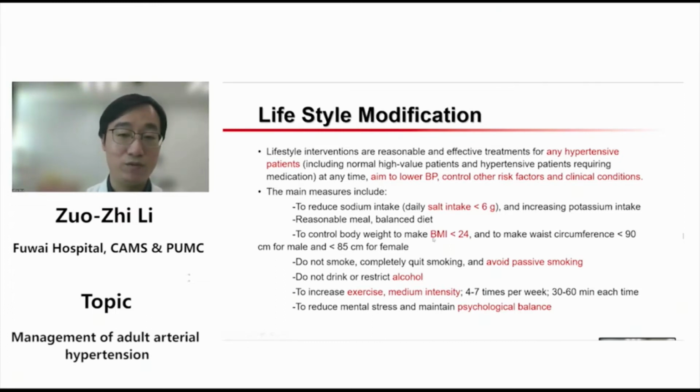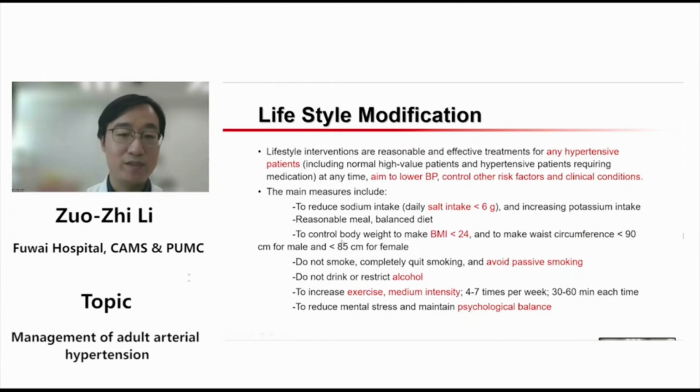For Asian people, BMI above 25 should be diagnosed with overweight, and BMI over 28 should be diagnosed with obesity. For male, the waist circumference should be below 90 centimeters. For female, it should be below 85 centimeters.